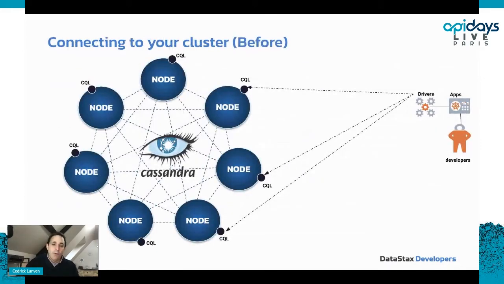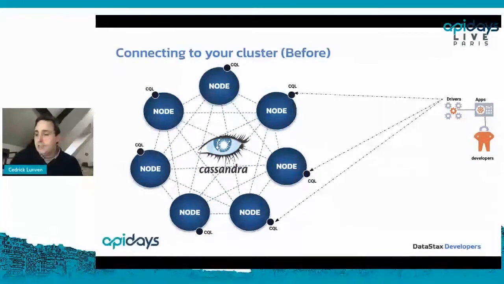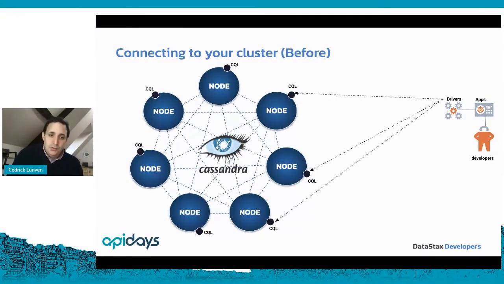Okay, so before, as a developer implementing your app, you would use the drivers to connect to an existing Cassandra ring. The driver will open some CQL connections to every single node, because the driver will do the health check, monitoring, and load balancing of all your requests.